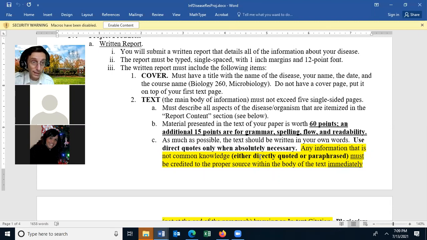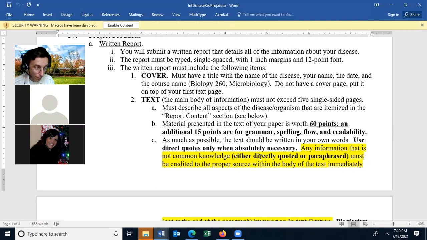Any question about that? But on the next paragraph, you should also give the in-text citation for that paragraph. So for each sentence that's not common knowledge, if there's one after another in a paragraph, you don't have to give an in-text citation after each sentence. You give one at the end of the paragraph. Everyone clear on that?